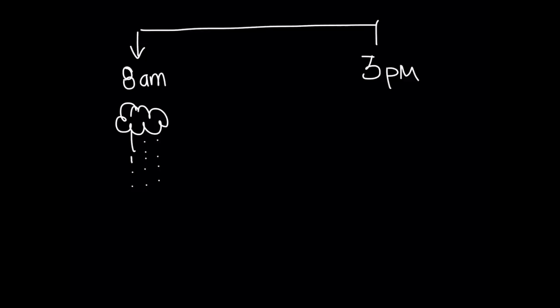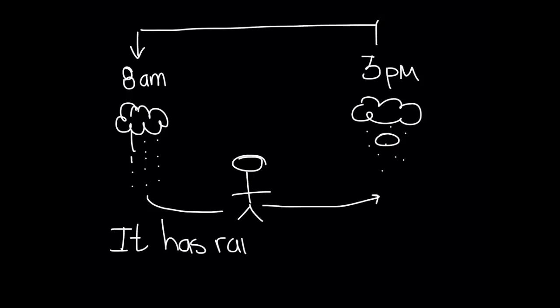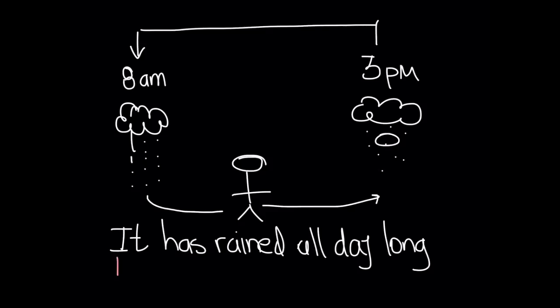It is now 3 p.m. in the afternoon and it continues to be raining. So then, from my experience and my perception, the action of raining began at 8 a.m. and continues all day long. So I said in English, it has rained all day long, which is the equivalent of saying, ha llovido todo el día.